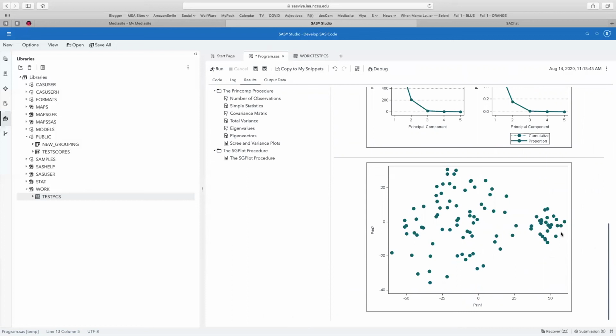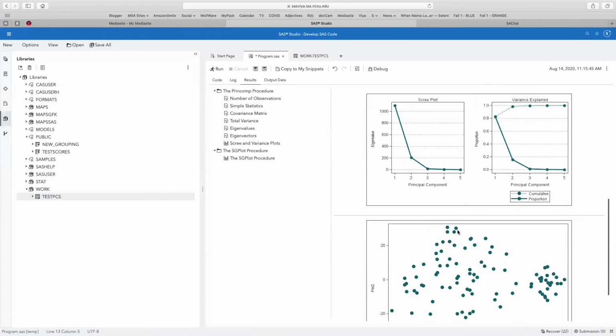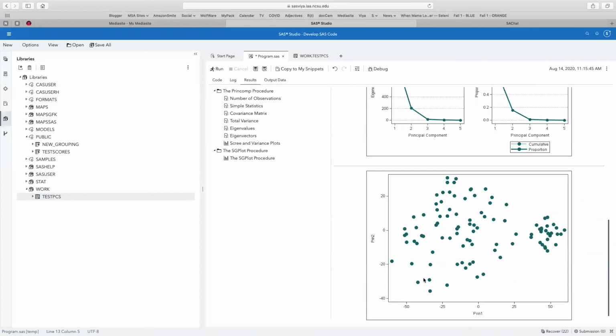All of these did better on the middle 3 tests than the rest of the class. But for the rest of the class, I learned this additional piece of information that's actually rather useful, that these students did better on test 2 than they did on test 3 at the top, and these students down here did better on test 3 than they did on test 2.